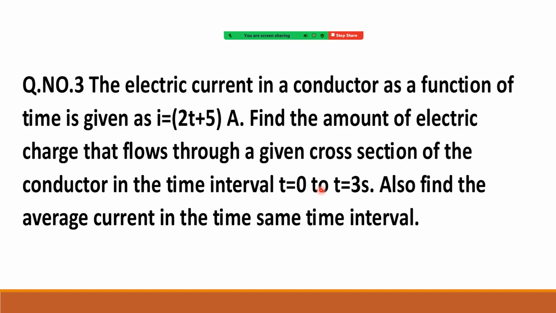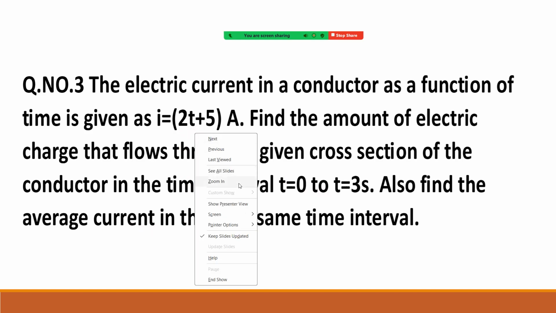Also find, in the same time interval, the average current. Okay. So we are given current as a function of time, asking how much charge flows in a given time interval, and also average current. See how we are going to solve this problem.